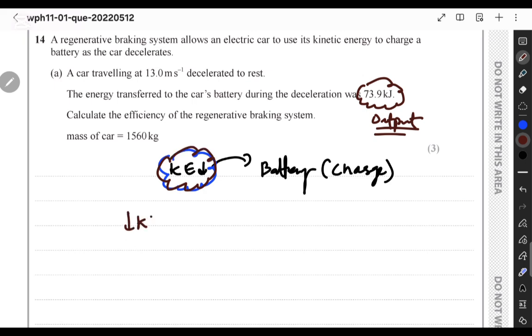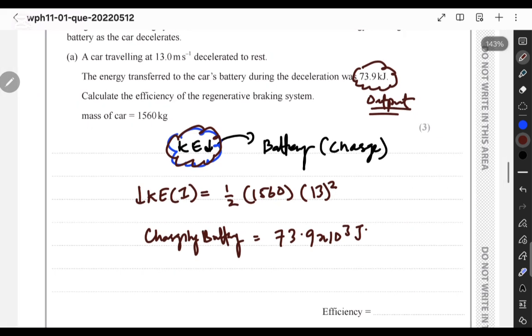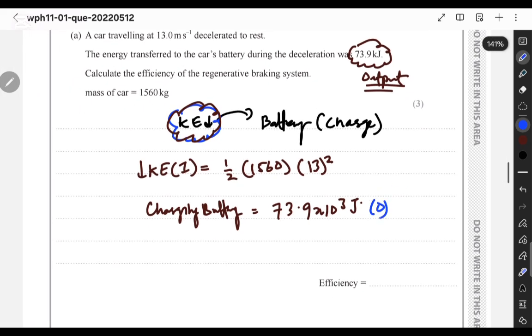So the decrease in kinetic energy is going to be the input energy, and that's going to be half m, which has been given to us, and then v squared. And then the output would be the charging of the battery, the energy gained by the battery, which is going to be 73.9 times 10 to the power of 3 joules.